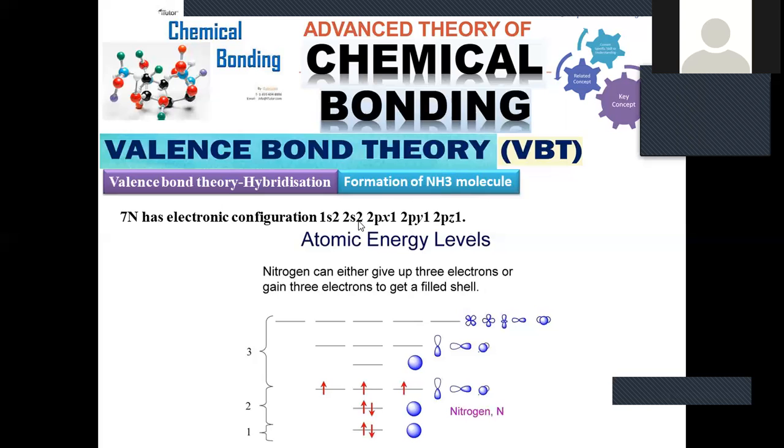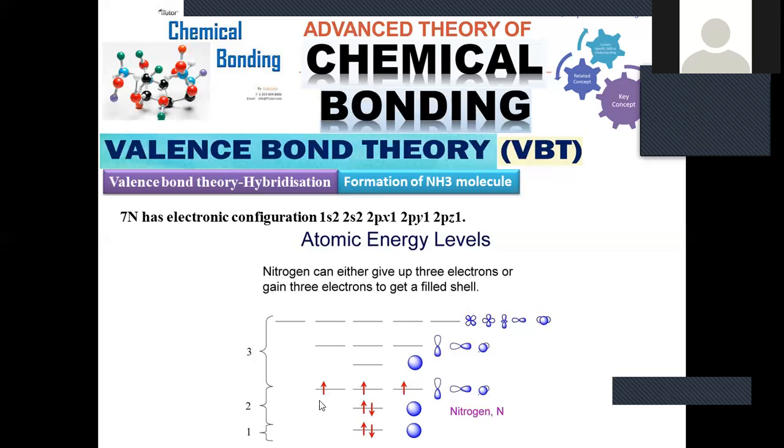Here 2 electrons are paired initially, and the p orbitals have unpaired electrons, which are clearly distributed in this energy level diagram of nitrogen, where the 1s2 orbital has 2 electrons with opposite spin, the 2s2 orbital also with opposite spin, and the 2px, 2py, 2pz orbitals contribute one electron in each orbital.